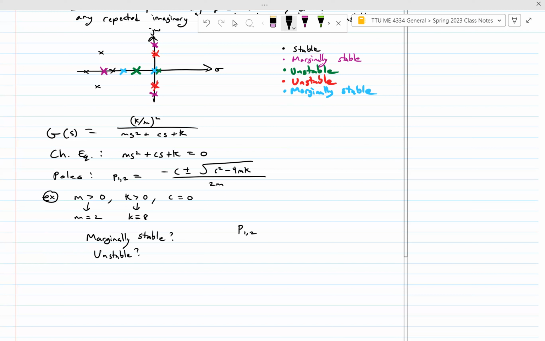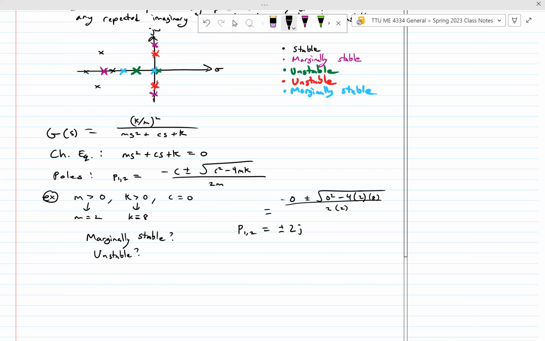So I got plus or minus 2i or 2j here, right? C is 0, this comes from that 0. Minus 4 times m is 2 times k is 8, over 2 times 2. Forgot to divide by 2m.